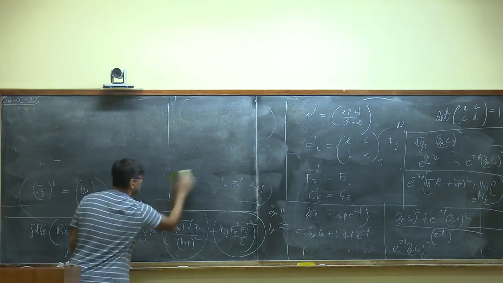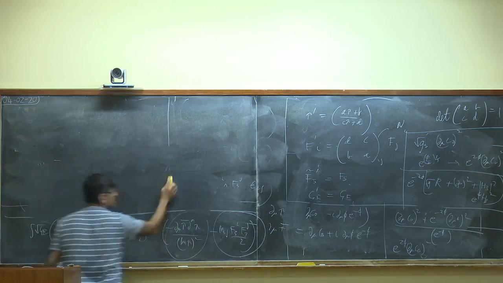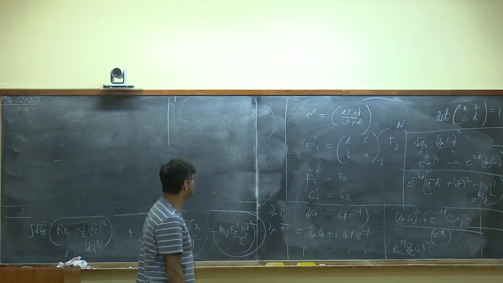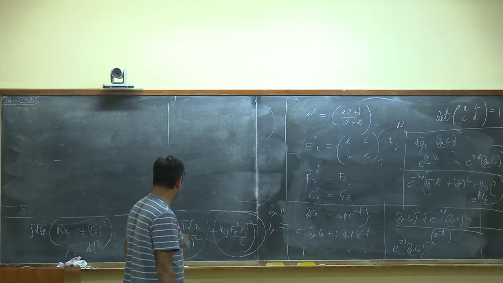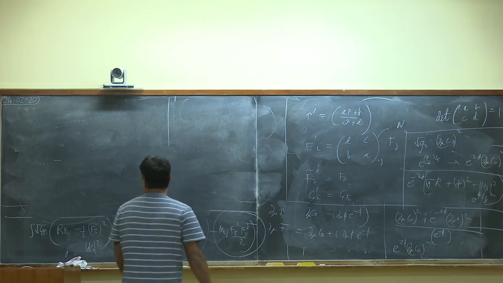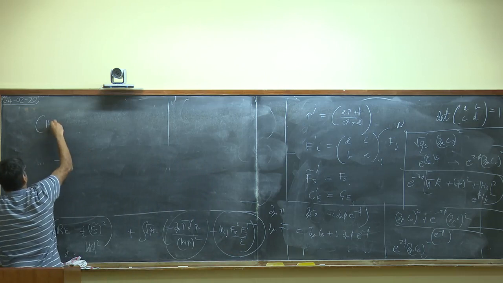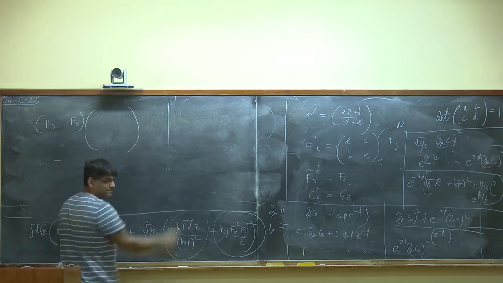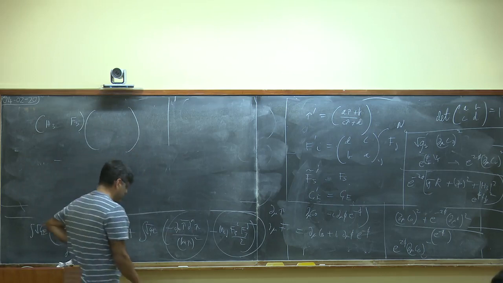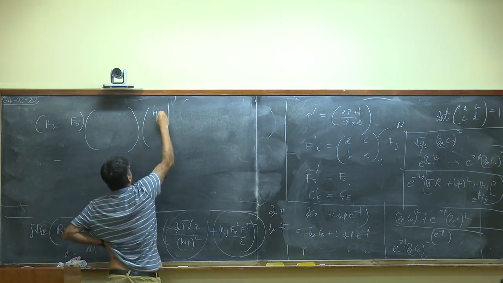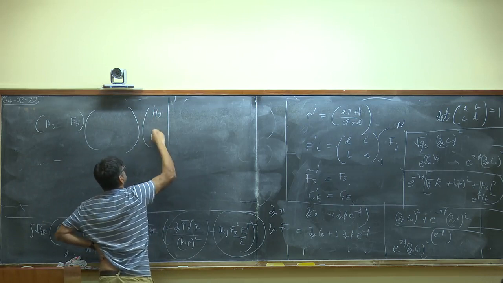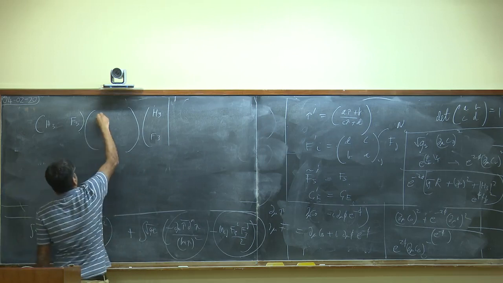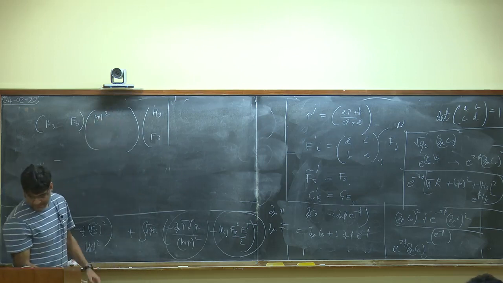Next, let's look at this part. Oh, I rubbed out M. Okay, let's work it out. So it's H3 F3, H3 F3, H3 F3. Okay, and we want tau squared minus real tau 1.